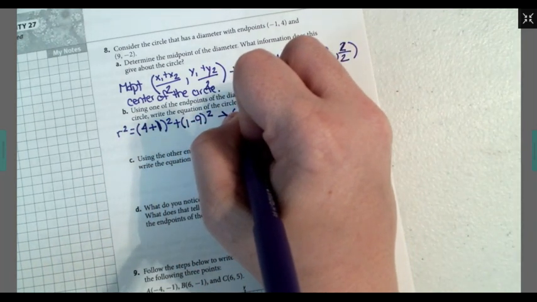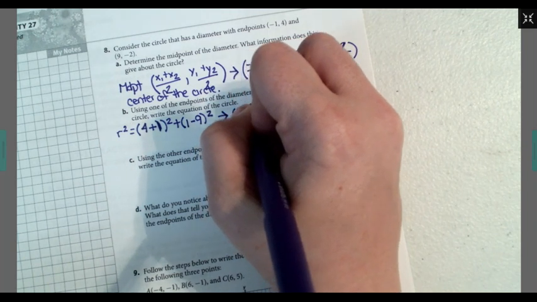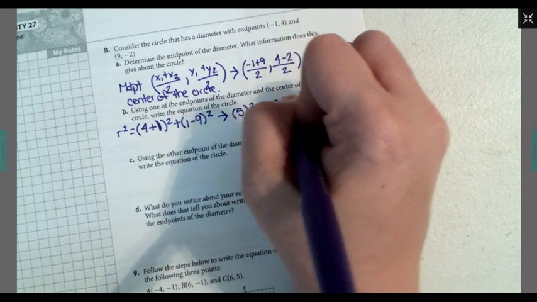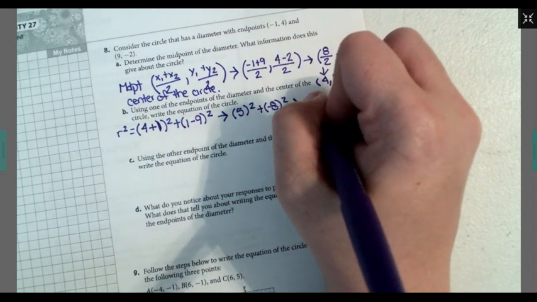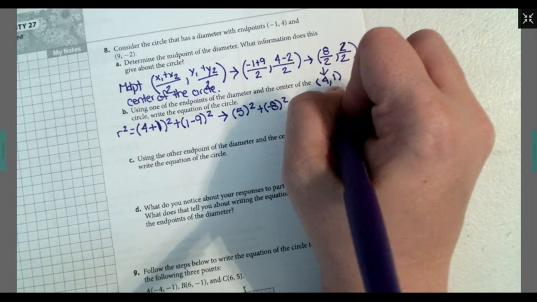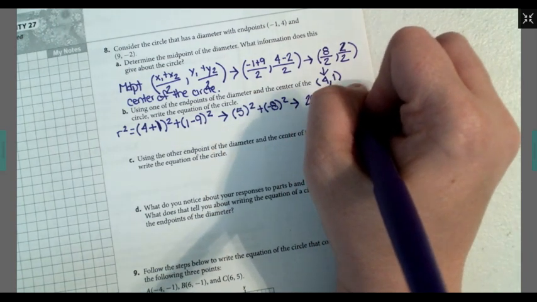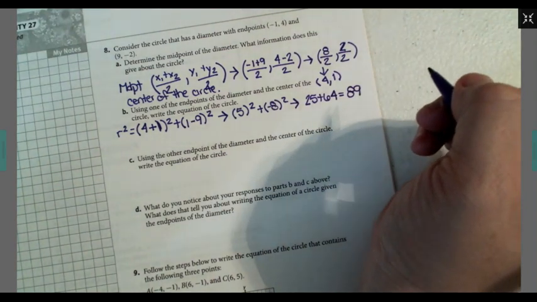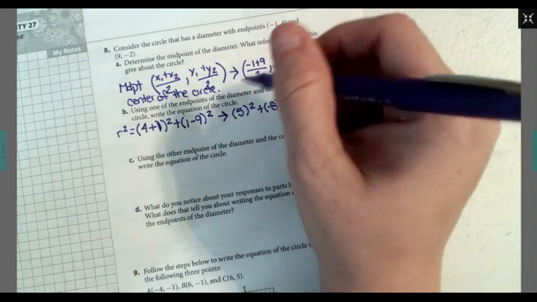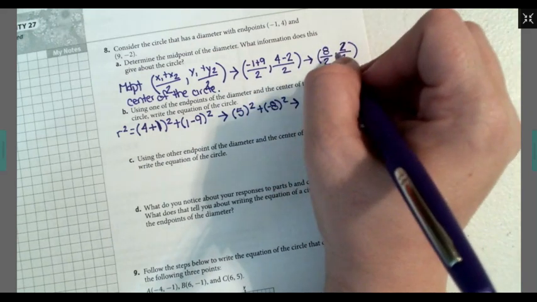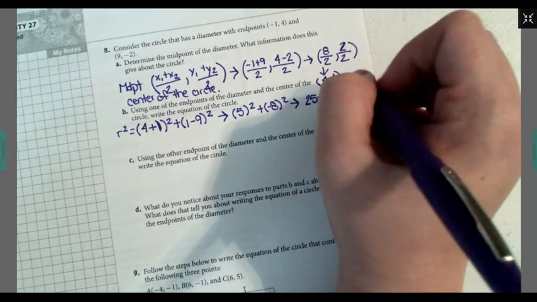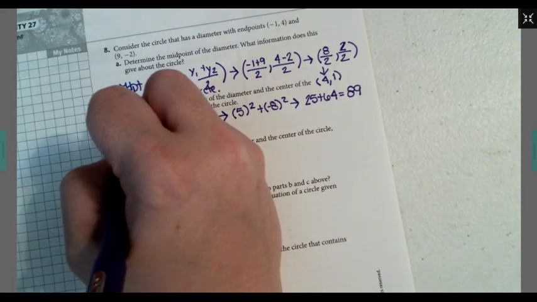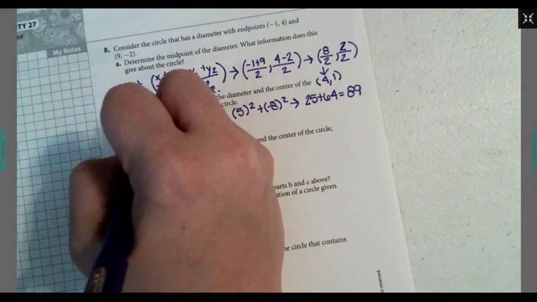That's going to give me 5 squared plus -8 squared. That's 25 plus 64. I'm getting 89. Just trying to do some math here, double check. So I got that the radius is equal to the square root of 89.